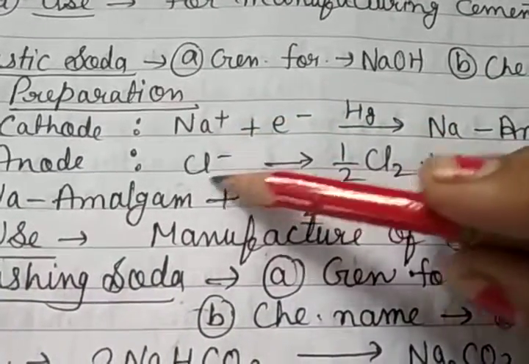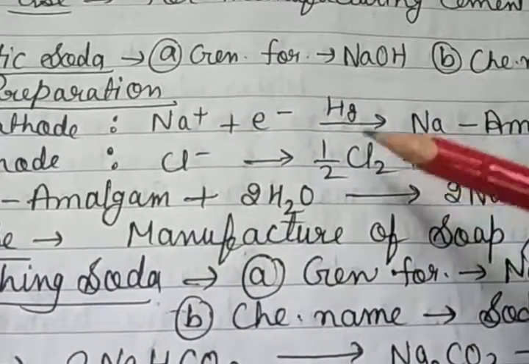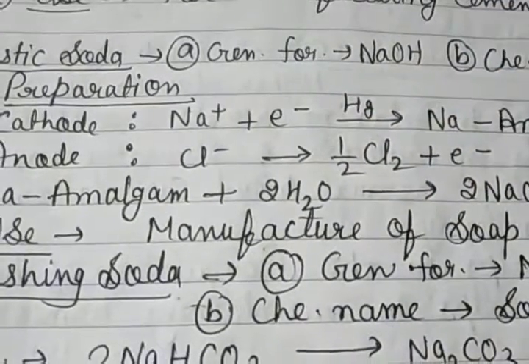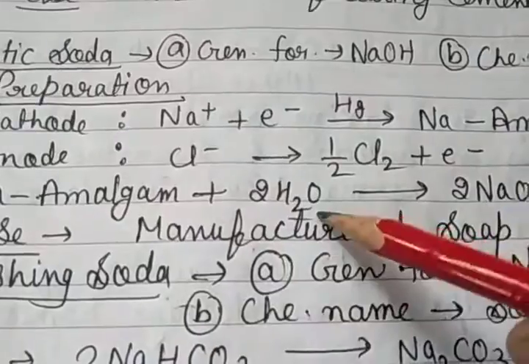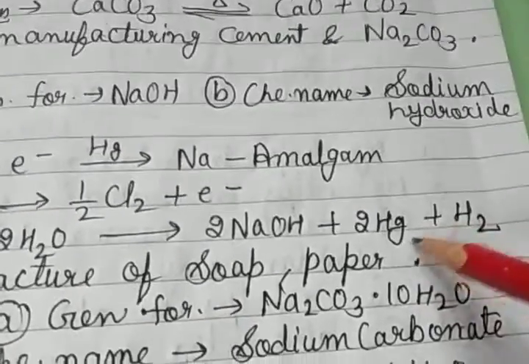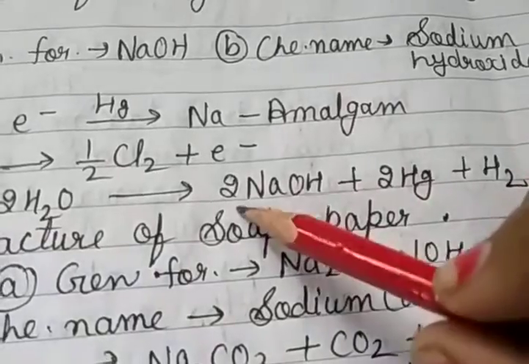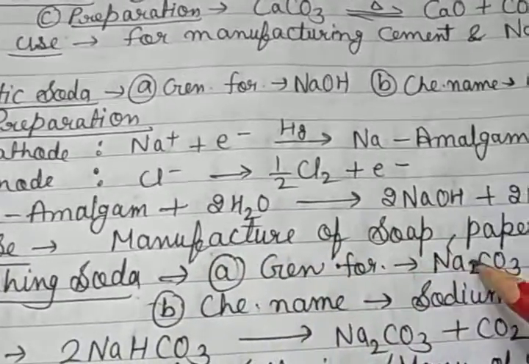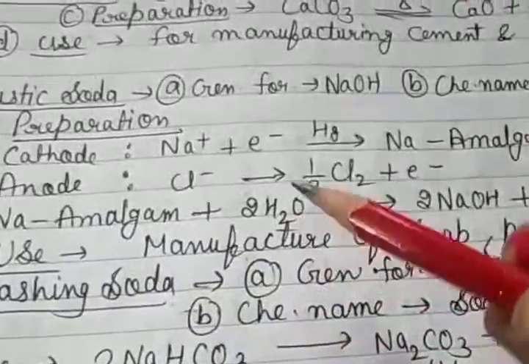And at the anode, Cl- is converted into ½Cl2 by losing an electron. Sodium amalgam plus 2H2O is converted into 2NaOH plus Hg plus H2: sodium hydroxide, mercury and hydrogen. Its use is in the manufacture of soap, paper, etc.